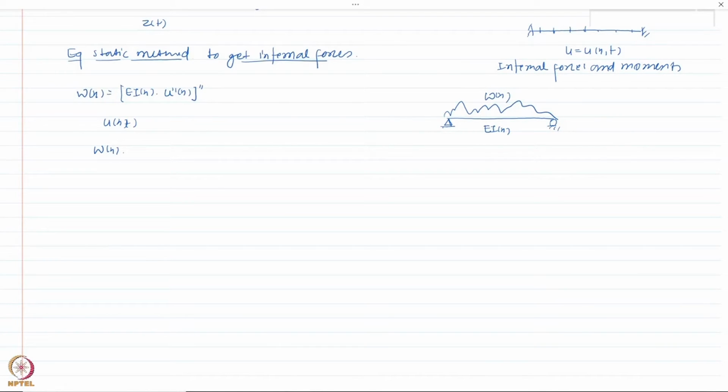Once you find that, then at any particular time instance, you apply an external force and do the static analysis of the system to get the internal forces. And this external force is a function of the stiffness component times the dynamic deformation, which in this case is this here.